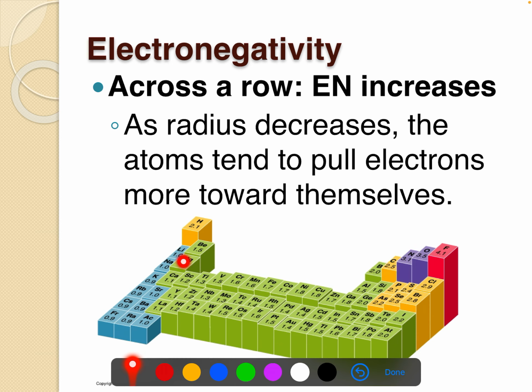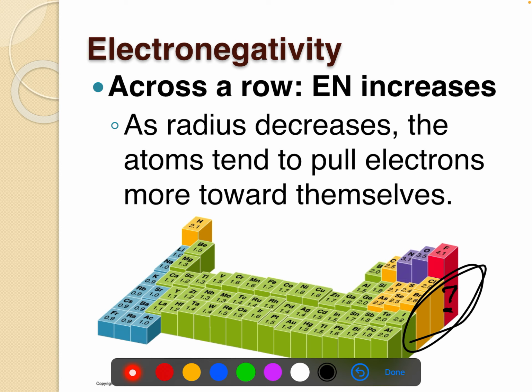All right, so as you move across, the electrons are being pulled closer to the nucleus. And again, that's because there's more protons and the nucleus is shrinking and the cloud is getting closer. As you move down, you're going to see electronegativity decreases. Now you might be noticing over here, where are the noble gases?